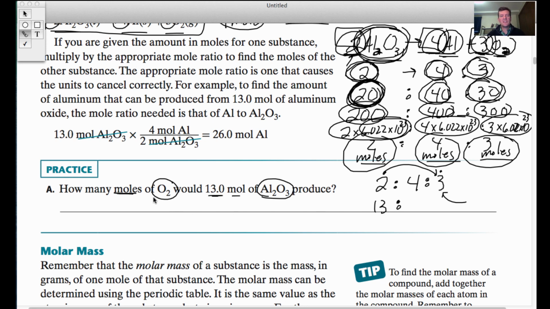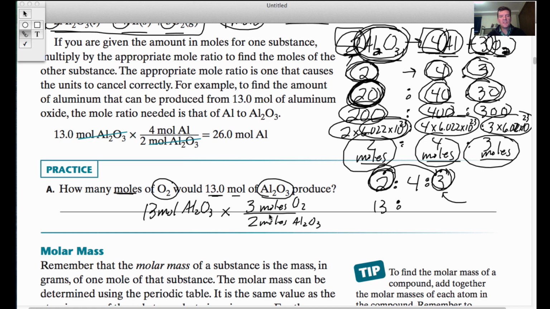So all I do is I take the 13 moles of aluminum oxide and I need to multiply by a ratio. Oxygen and aluminum oxide are in a 3 to 2 ratio. So I know for every 3 moles of oxygen that are produced, I needed 2 moles of the aluminum oxide.